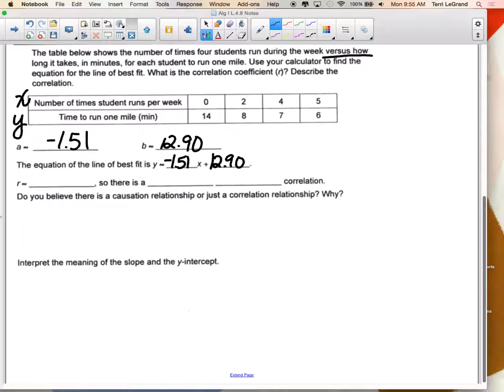Okay. So do you have an R value, rounded to the nearest hundredth? Negative 0.92. It better be negative, right? Okay, so R rounded to the nearest hundredth is negative 93 hundredths.